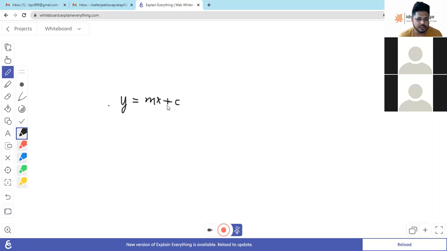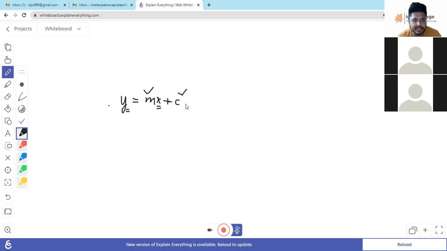Okay. So as you said, x is the feature and y is the predicted value. m and c are learnable parameters. Although we call them by special names, slope and intercept, in generic terms of machine learning they are called learnable parameters.